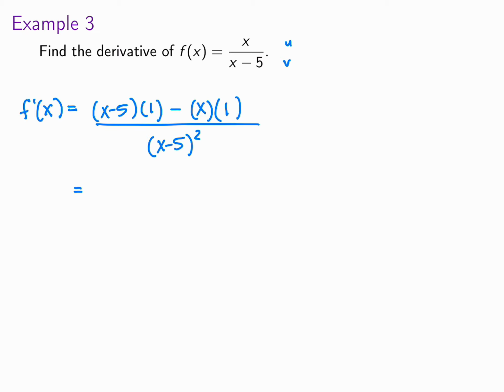Now it's time to clean up. So multiply things out. We'd get x minus 5 minus x on the top, x minus 5 quantity squared on the bottom. I see my x's are canceling each other out, and I have negative 5 over x minus 5 squared. There's my derivative.